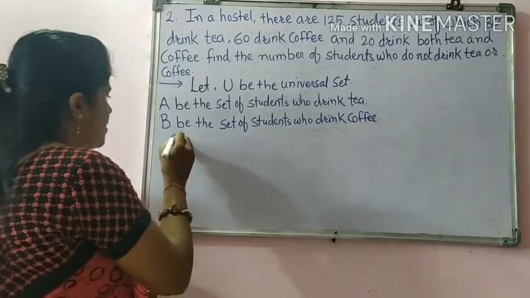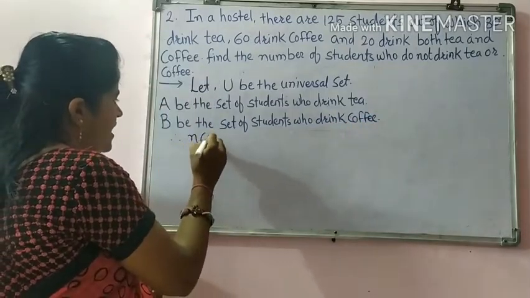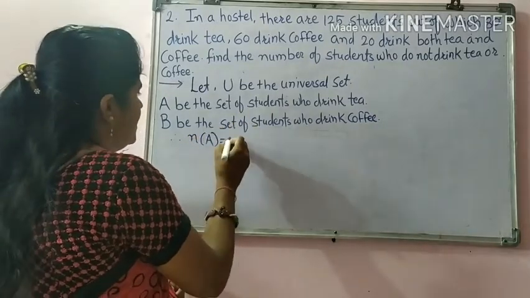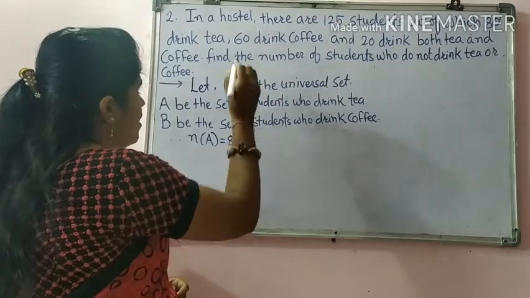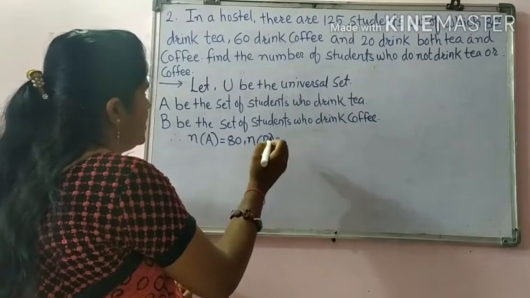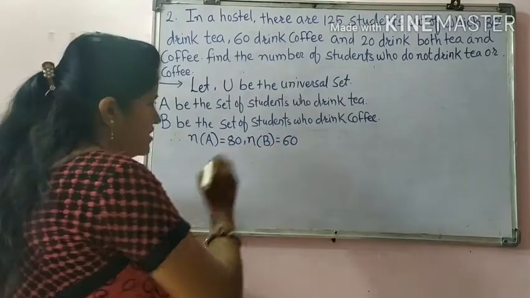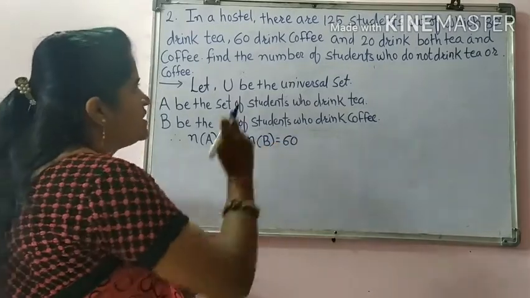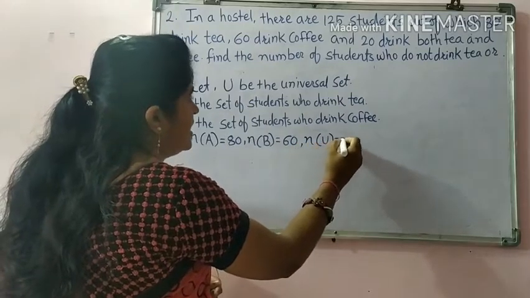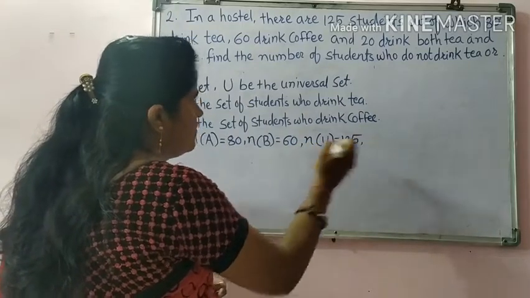Now therefore number of elements of set A, that is n of A is equal to 80. n of B, number of elements in set B is equal to 60. U is the universal set. So number of elements in universal set is equal to 125.